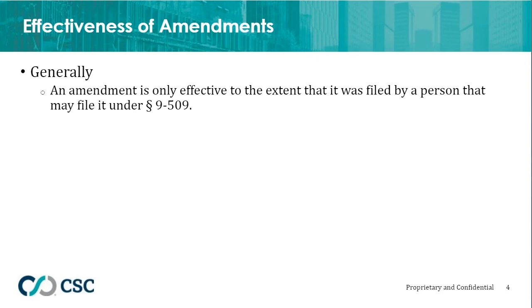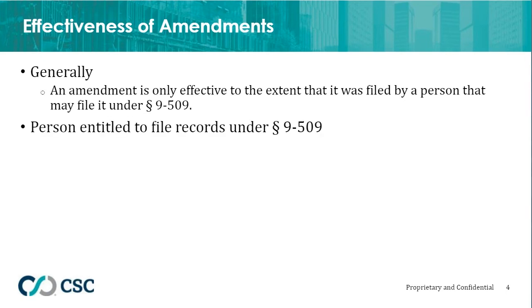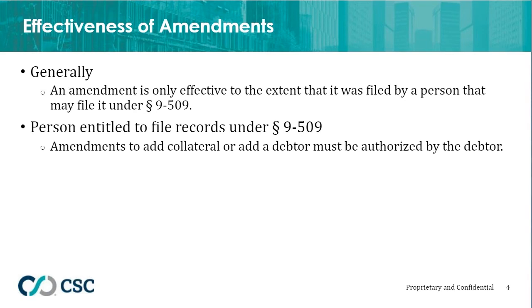Now, under 9-509, the people entitled to authorize a record will depend on the nature of the record. Any record that expands the scope of the financing statement, such as adding collateral or adding a debtor, must be authorized by the debtor.